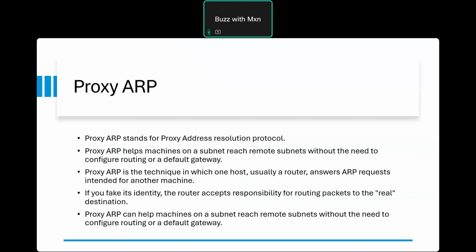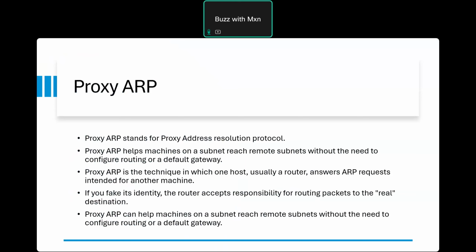What proxy ARP does is, for example, you're sending a request to reach a host. You are in a network, and your device thinks that the host you want to reach is in the same subnet as well, but let's assume it is not.